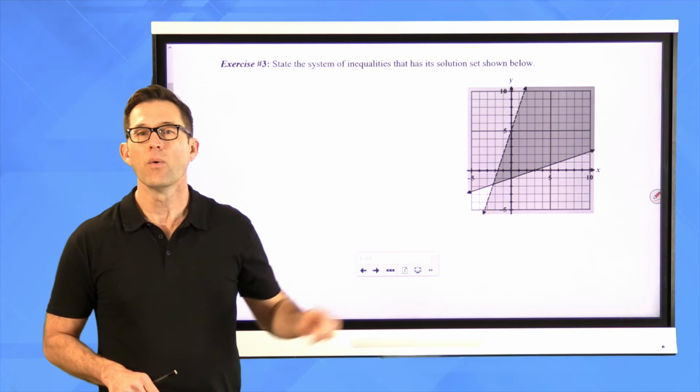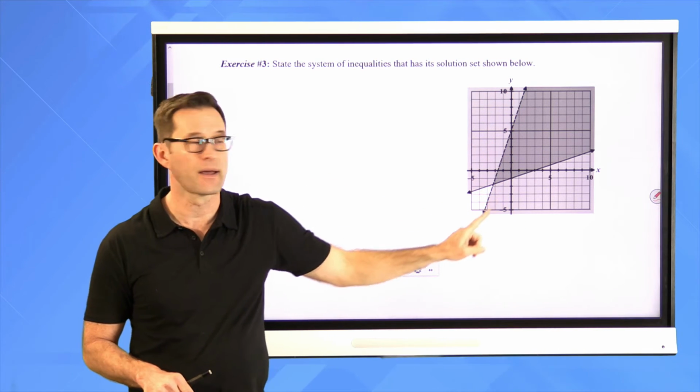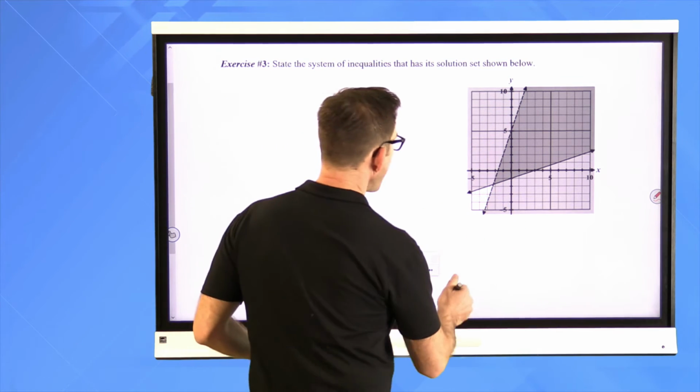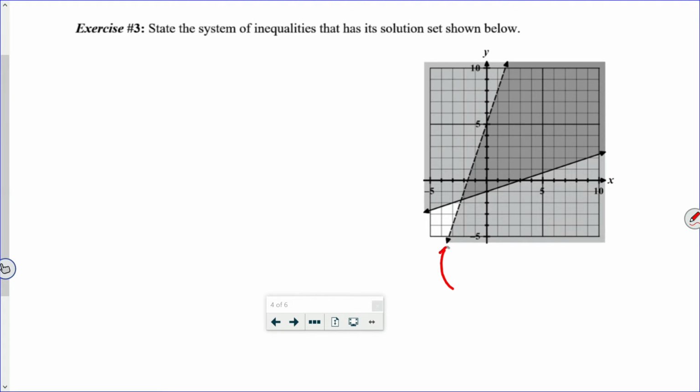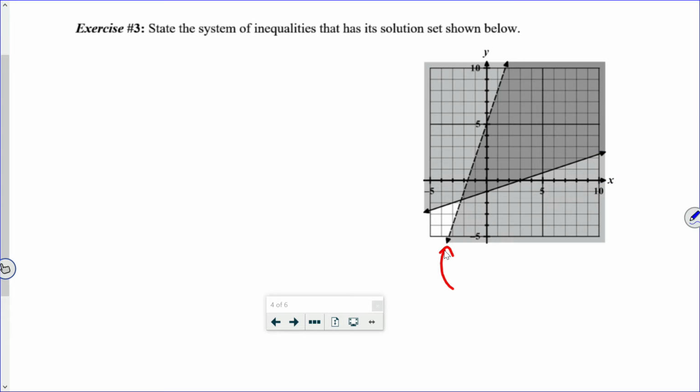All right, let's first talk about this line right here, the one that's coming down here. That's the one that's dashed. What I've got is a y-intercept of 5, and if I mark some points on it, I notice that I've got a slope of 3. I go to the right 1 and up 3.